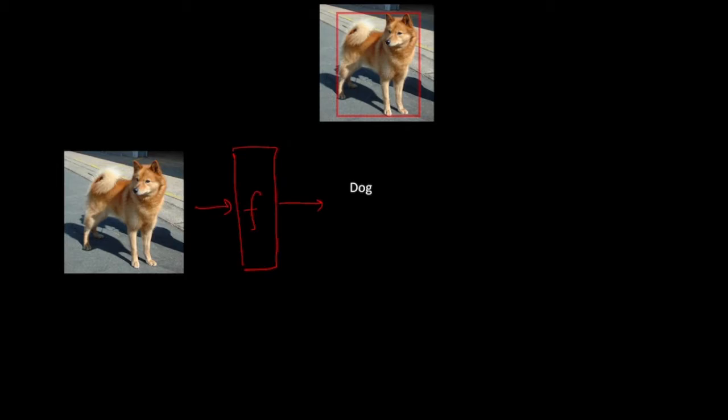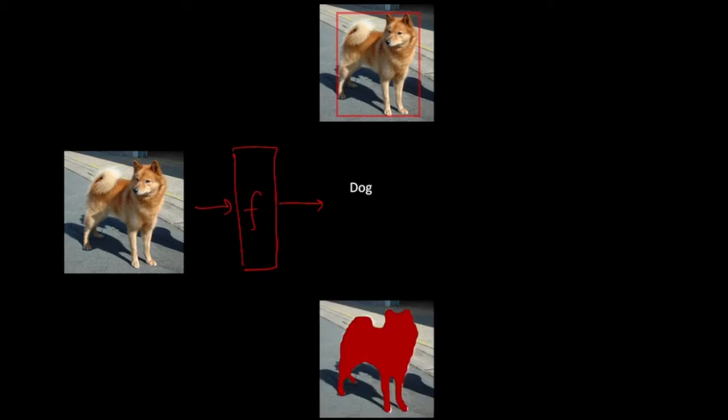Or if we go into more detail, the model can also tell exactly which pixels of the image correspond to the object, in this case the dog, by coloring those particular pixels red.